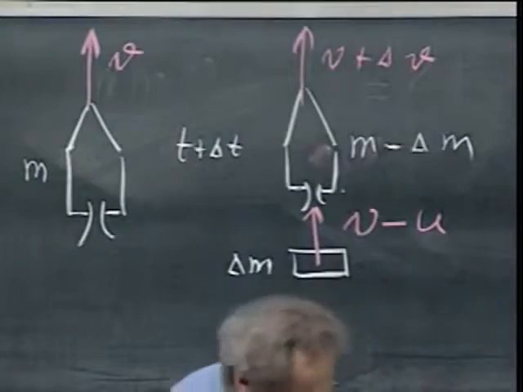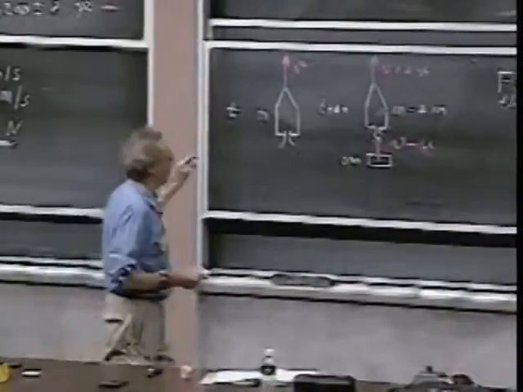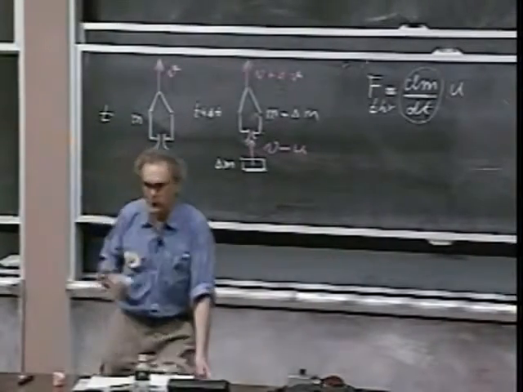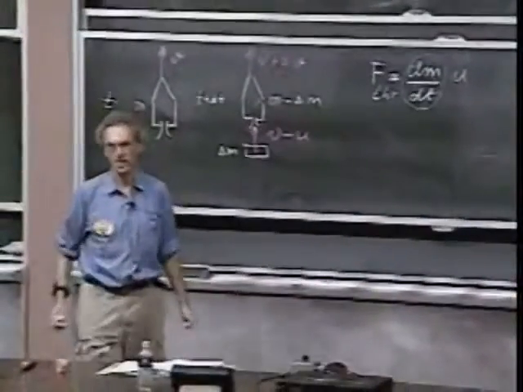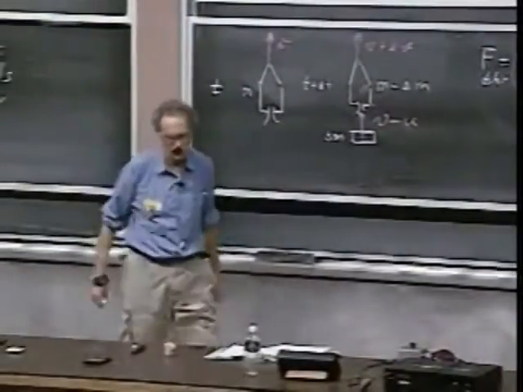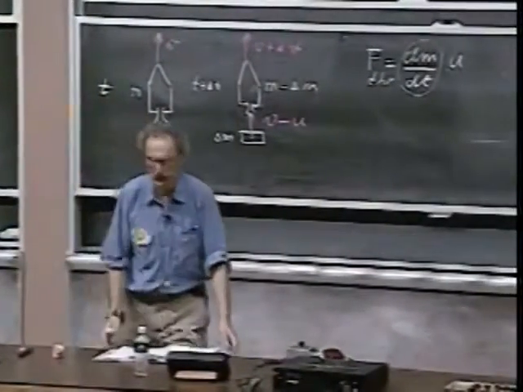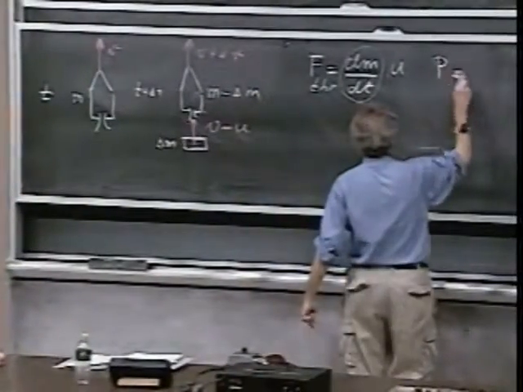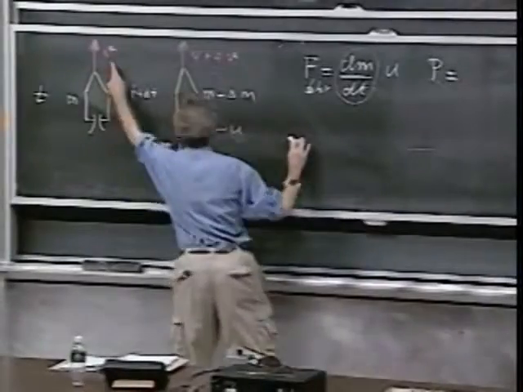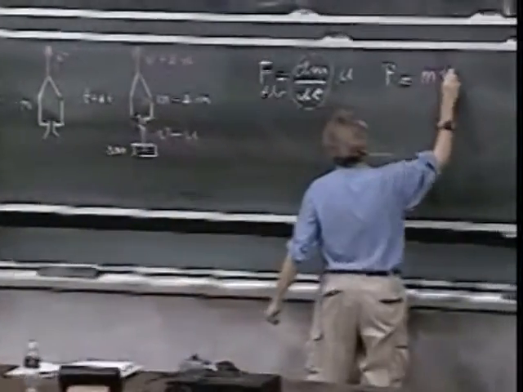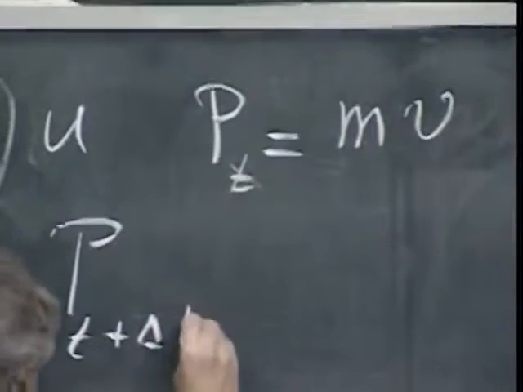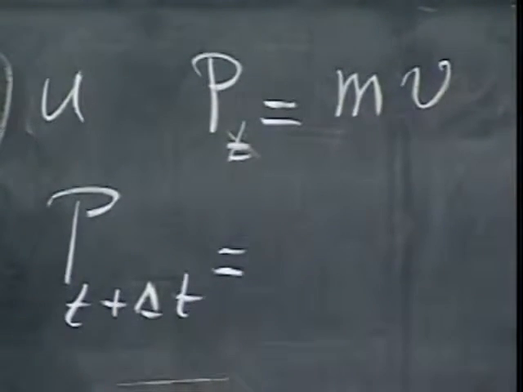Now, I'm going to compare the momentum here with the momentum there. And we take the situation that there are no external forces acting upon it. Somewhere in outer space this rocket burns. Momentum must be conserved. The momentum at time t equals m times v. That is very simple. That is time t. The momentum at time t plus delta t of the entire system, including the exhaust.